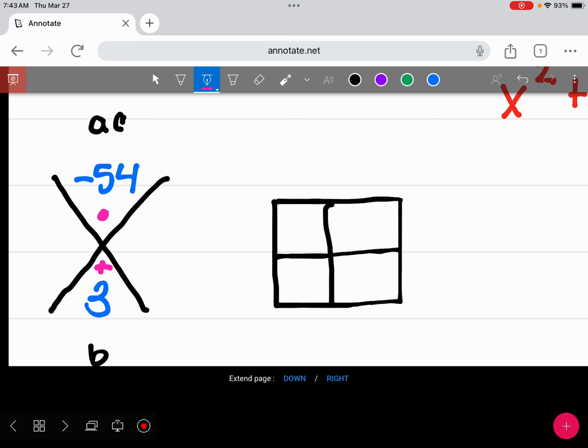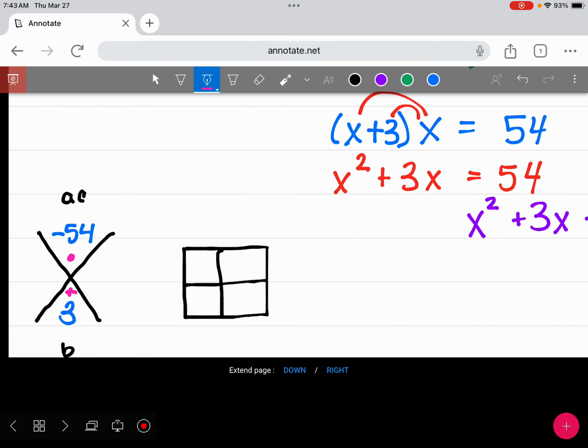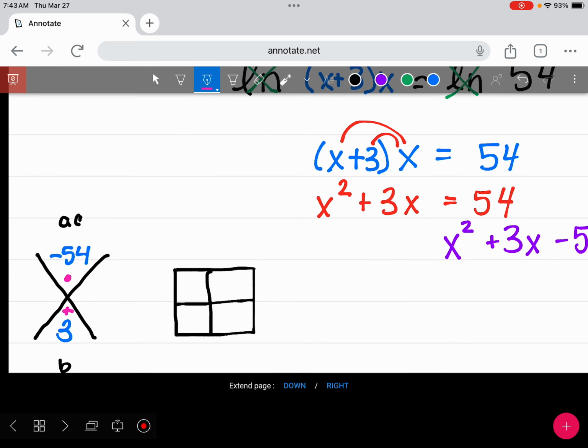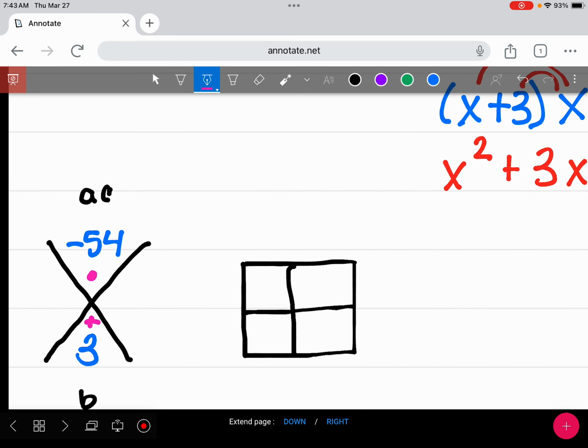Think about things we know that multiply to make 54. Negative 6 and positive 9.